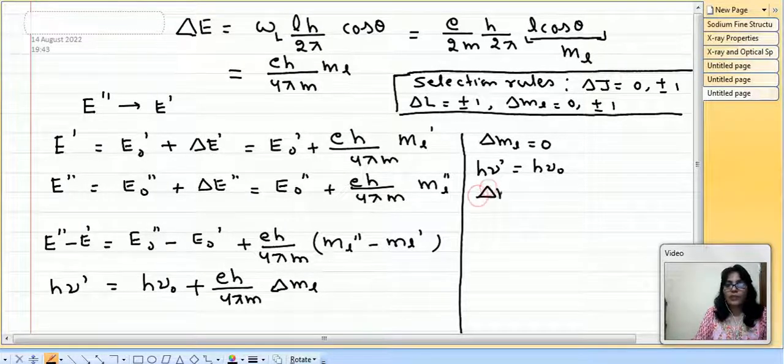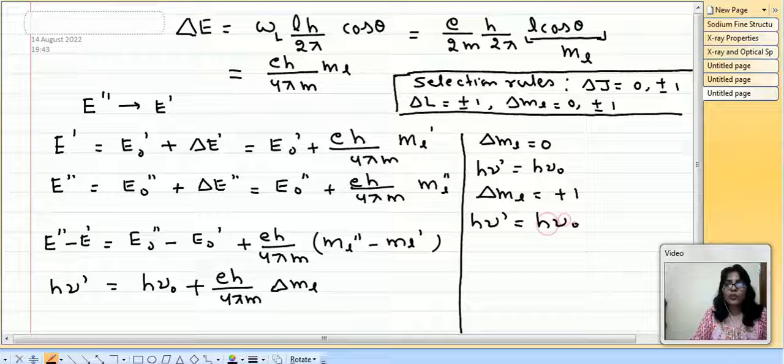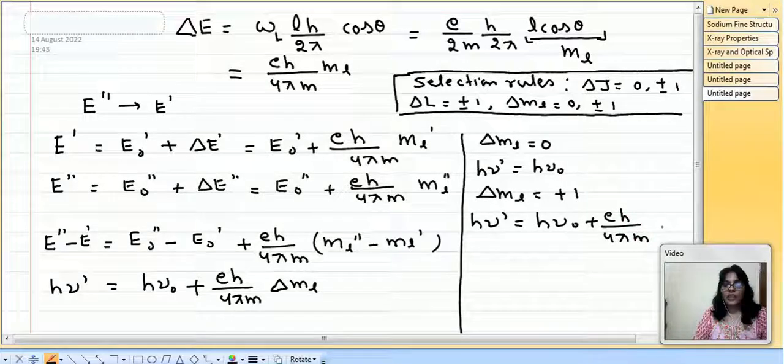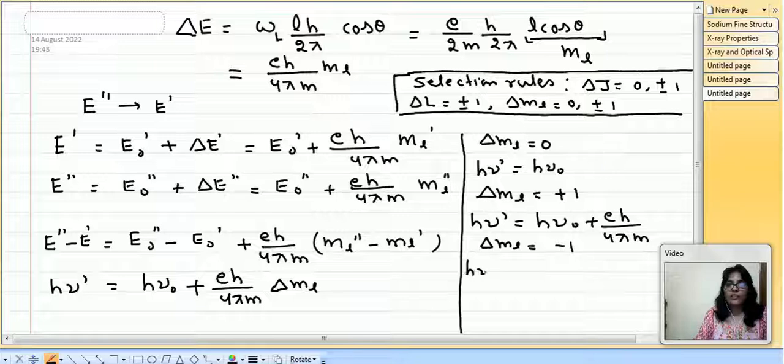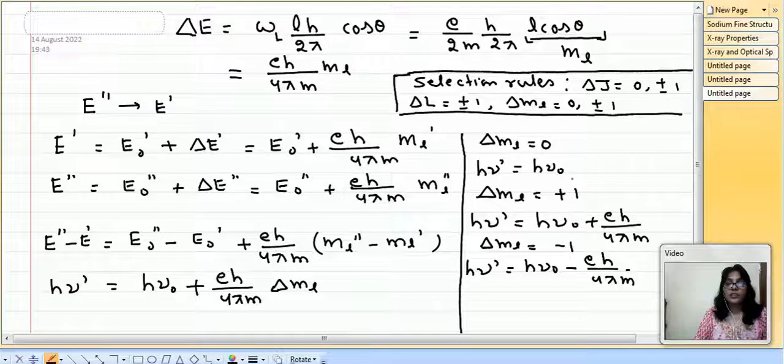If delta ML is equal to plus 1, then H nu dash is equal to H nu naught plus EH upon 4 pi m, that is increased ML value, increased frequency. And if delta ML is equal to minus 1, then H nu dash is equal to H nu naught minus EH upon 4 pi m. So these are three different frequencies, H nu dash, three different lines.